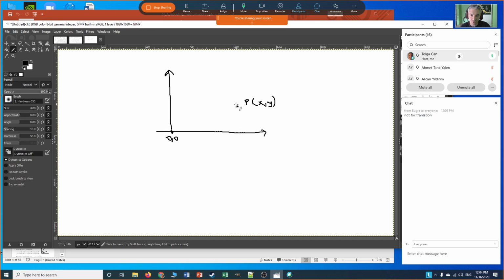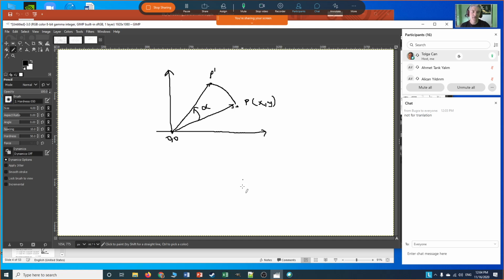And the rotation around origin, alpha degrees, corresponds to this. So I try to draw it like an arc on a circle, because this is what happens in rotations. So this is alpha degrees.